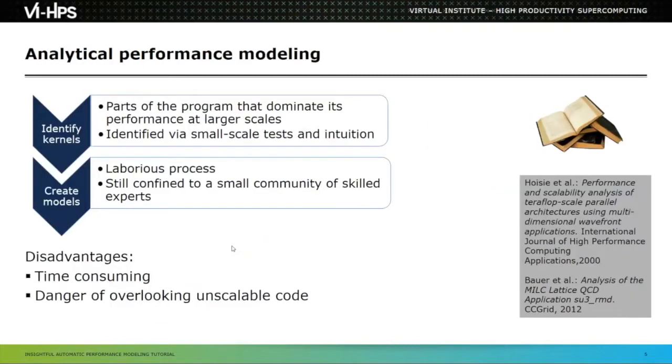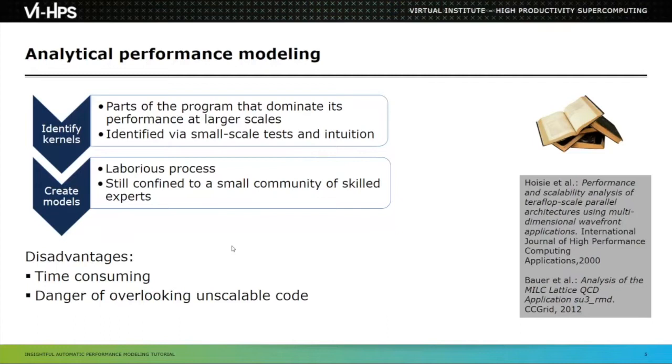Now there are a few different methods to create such a scaling model. One of them is analytical performance modeling. You would go ahead and analyze parts of the program and then identify kernels that dominate the performance at larger scales. You can do that either through intuition, if you're the developer and already know your code, or maybe you run a few small scale tests.